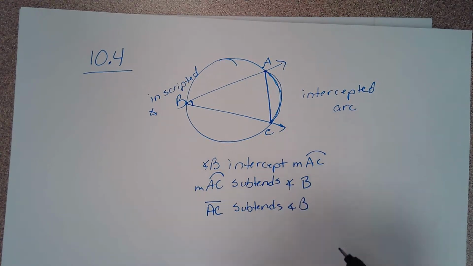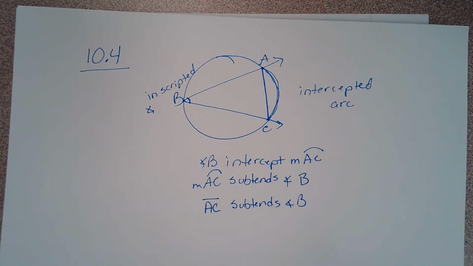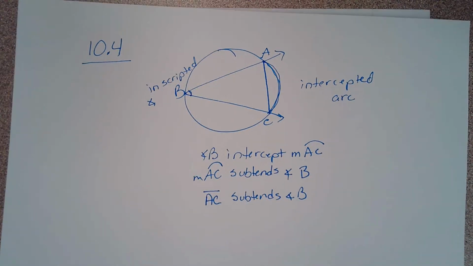All right, so that talks about the core concepts that you need to know about the angle. So let's talk about Theorem 10.10, the measure of an inscribed angle theorem. Let me draw another circle here.